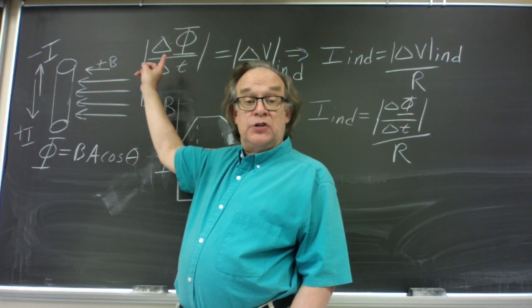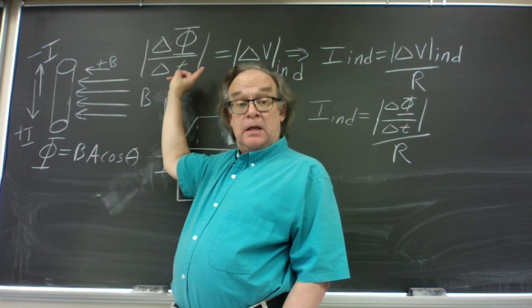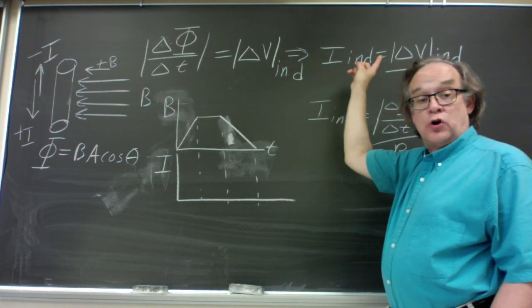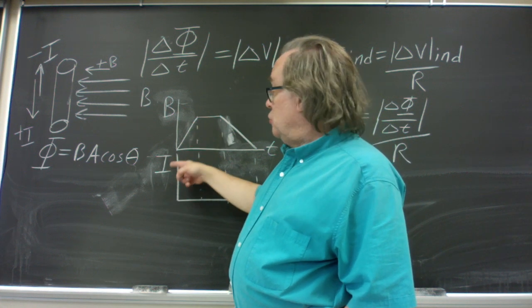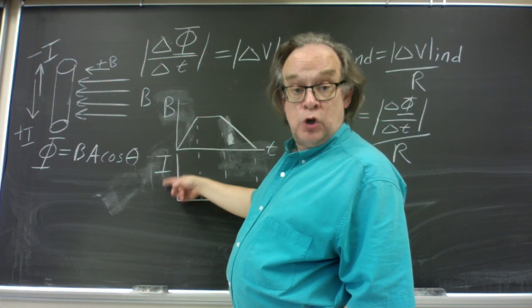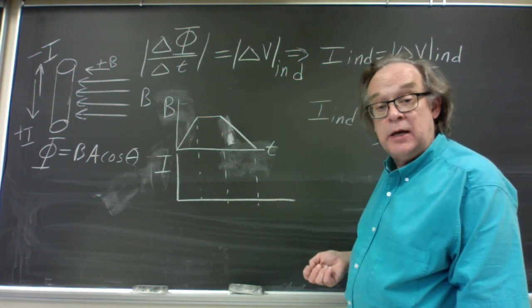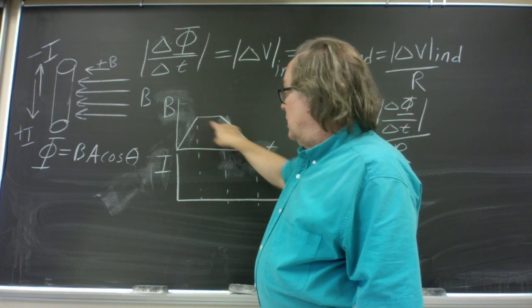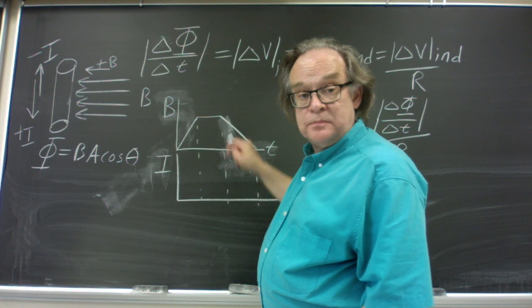And if flux is changing, you get a new voltage appearing in that loop, and that makes a new current appear. So we're able to figure out what a graph of current as a function of time looks like if we know this and we know this about the magnetic field.